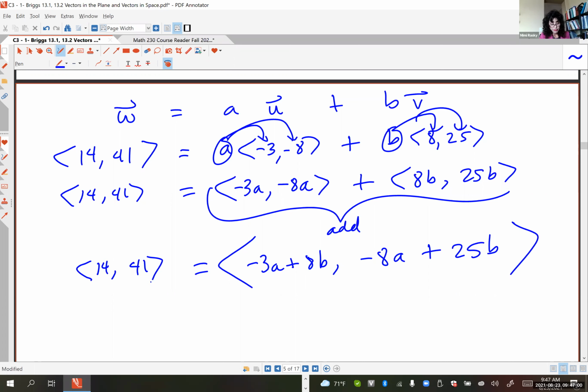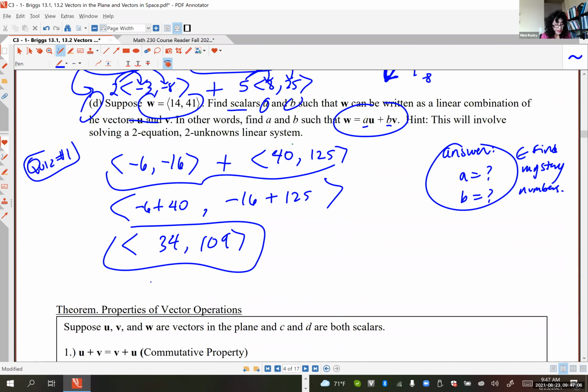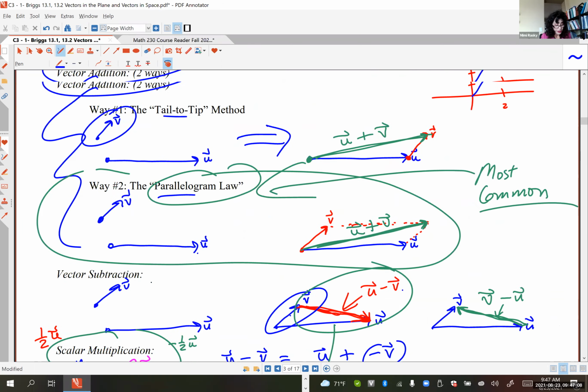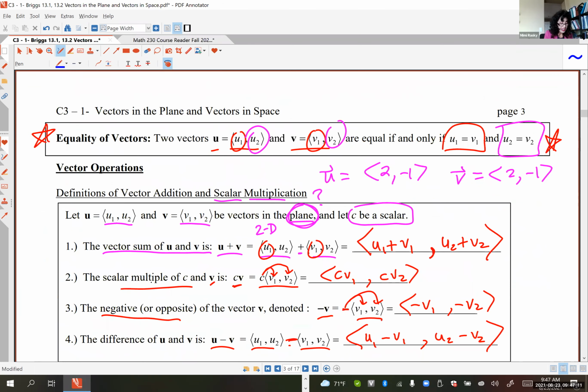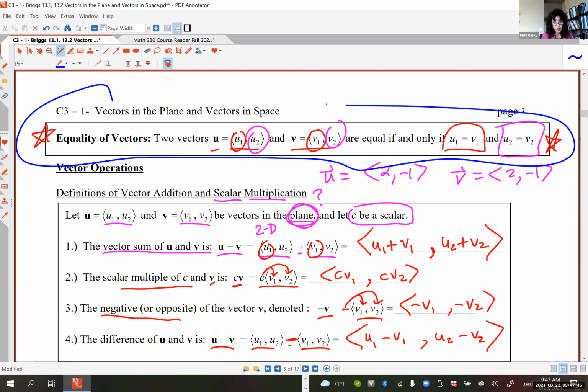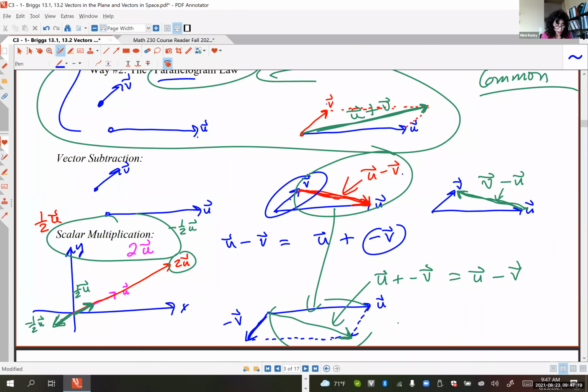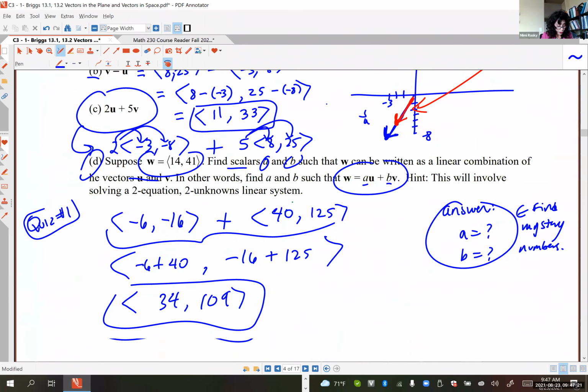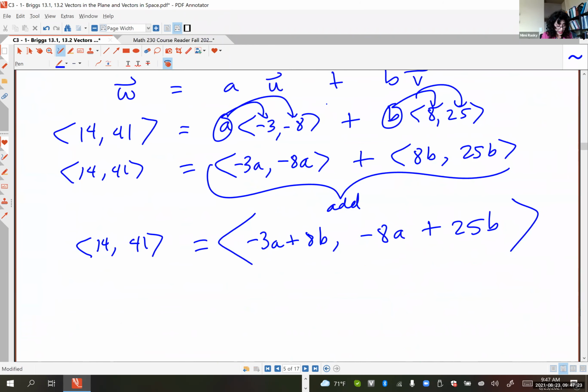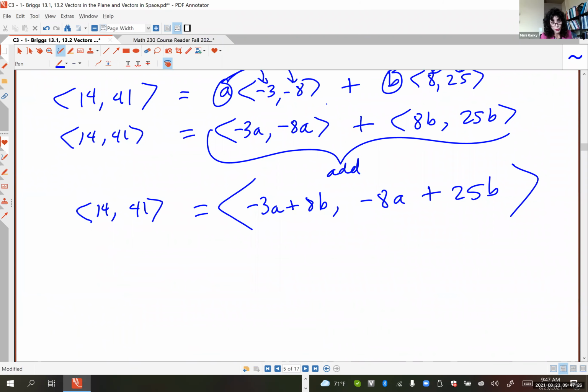Okay, now, this is the key. Remember when I said equality of vectors, even though it seems very, very obvious, is going to save us on occasion? It is now going to save us. How is it going to be helping us? Well, I claim we have an equation where the vector on the left-hand side has to be equal to the vector on the right-hand side.